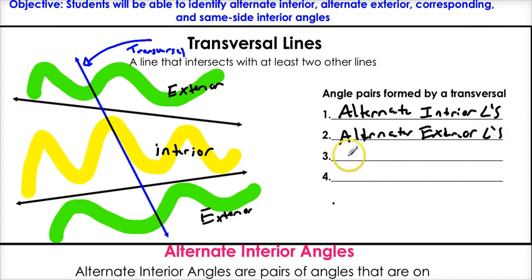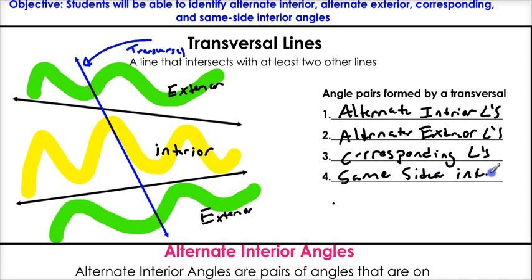The third one is corresponding. And then finally, we're going to have same side interior angles. I know you don't know what these all mean. You're about to learn, unless you remember from middle school.